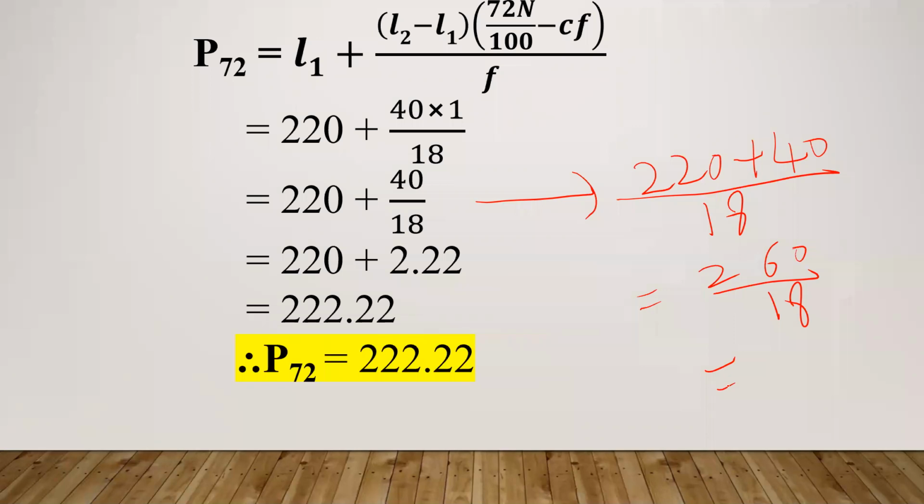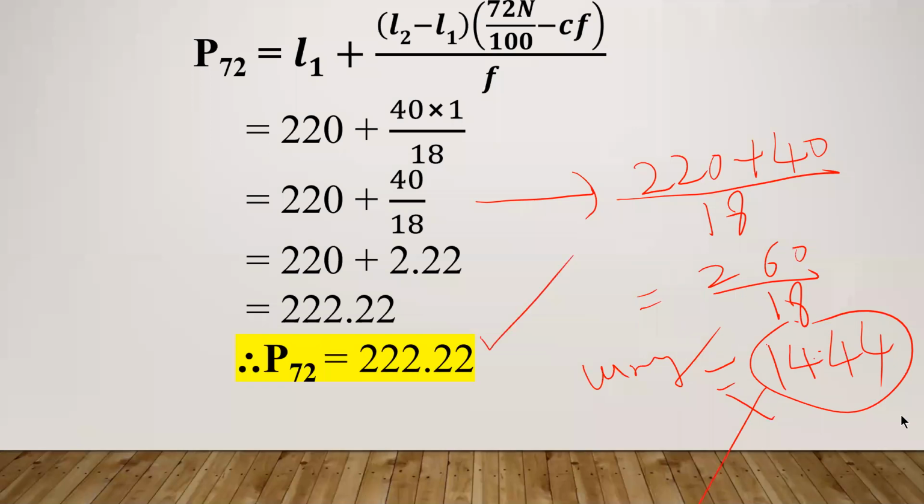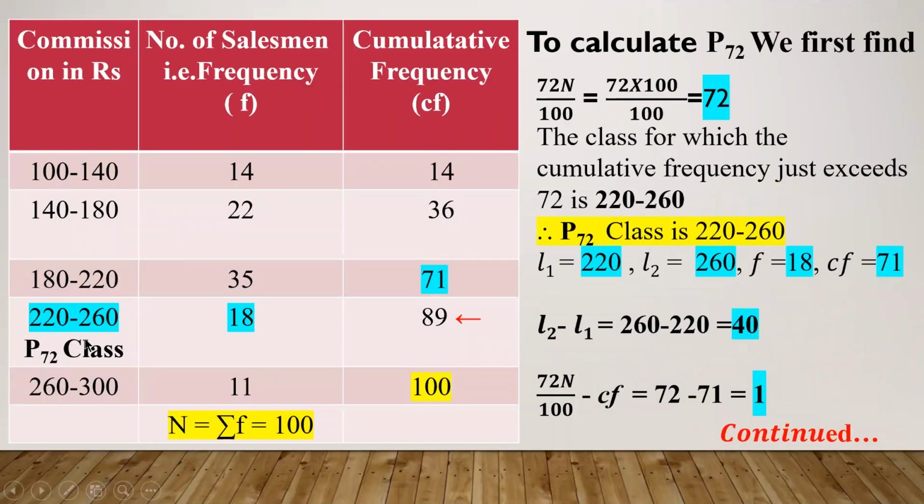Let us see. 260 divided by 18 gives me 14.44. So I'm getting a wrong answer. This is wrong, because 14.44 is not lying between my class, right?